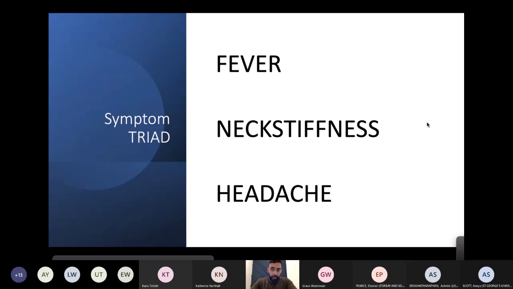So fever, if they have an infection, fever, headache, the meninges are swollen in the brain, it will cause pain, and neck stiffness. The neck stiffness is simply because the meninges are running all around your brain and down your spinal cord. So for me to be bending my neck, I'm actually stretching the meninges.